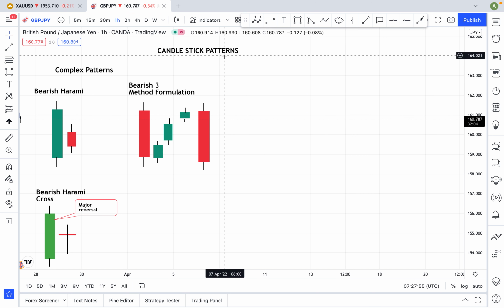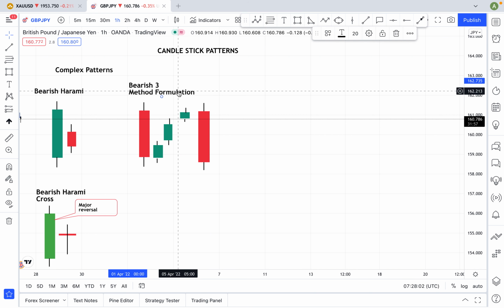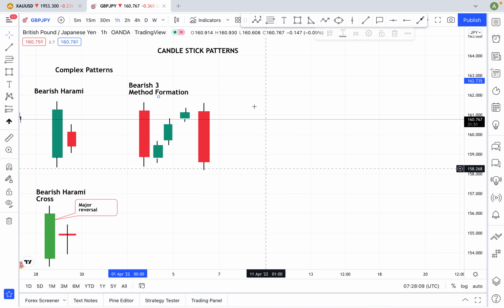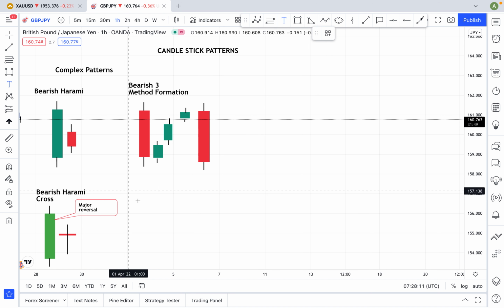So again, we have the bullish three method formation as well. Sorry, it's not formulation, this is actually formation. Sorry about that, guys.